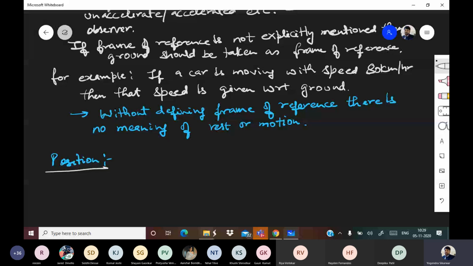Okay, and that insect is looking towards you directly. So with respect to that insect, you can draw a straight line which reaches up to you.